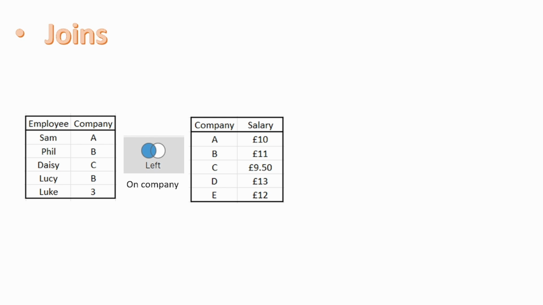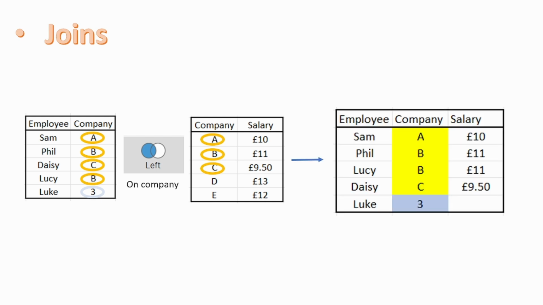I like to think of that as we would do the inner join exactly the same. So we'll look for A's, the B's, and the C's. Now the only difference is we're going to get every single piece of information on our left table. So we're going to include the company 3. So we're going to include Luke 3 into our diagram. So our table would look something like this.